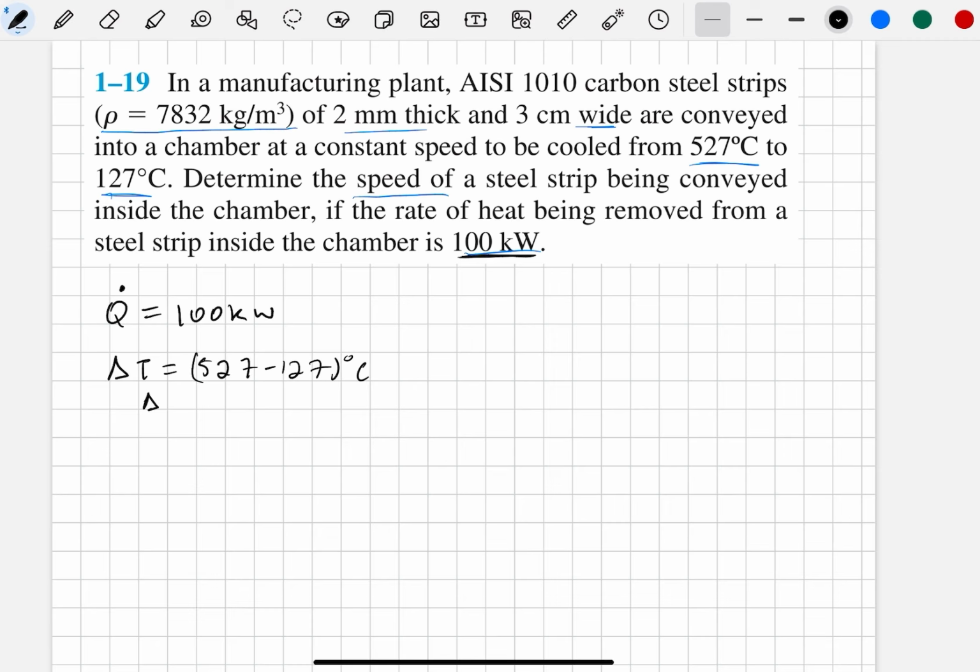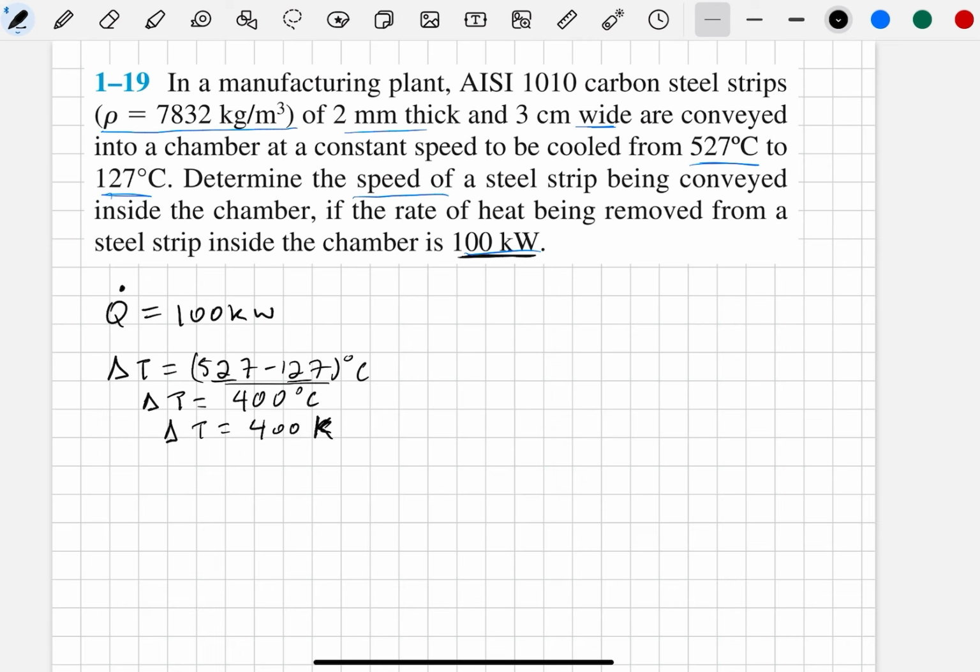Let me double check. 527 minus 127 is going to be 400 degrees Celsius.